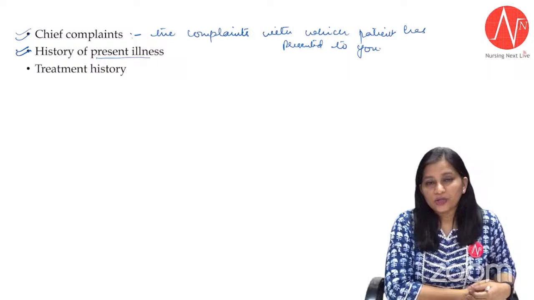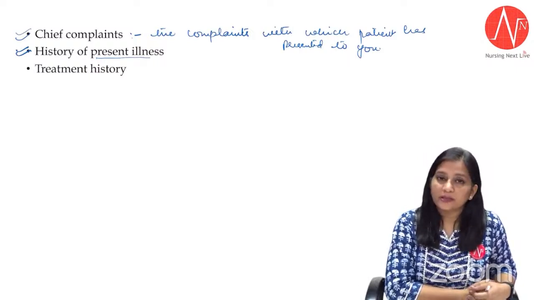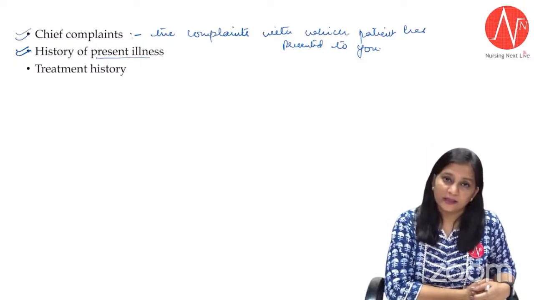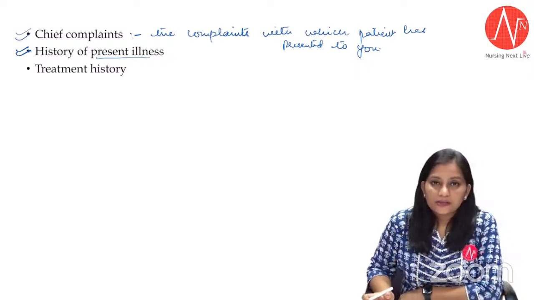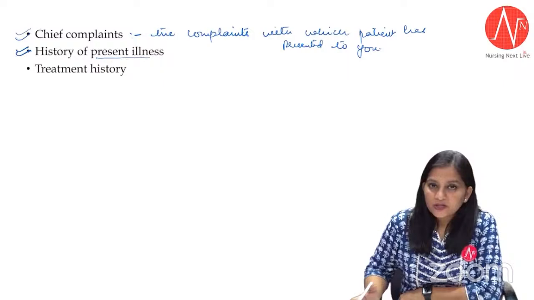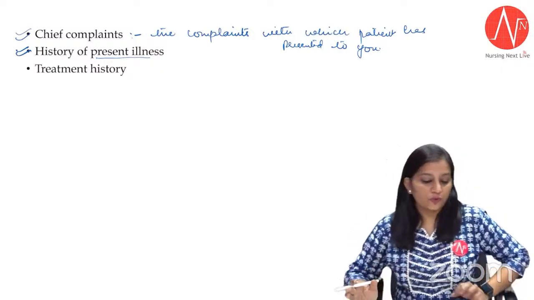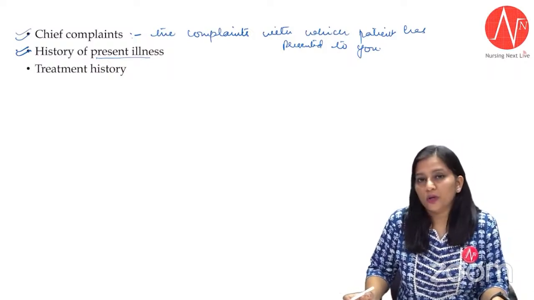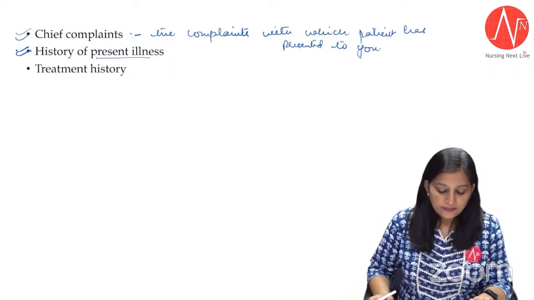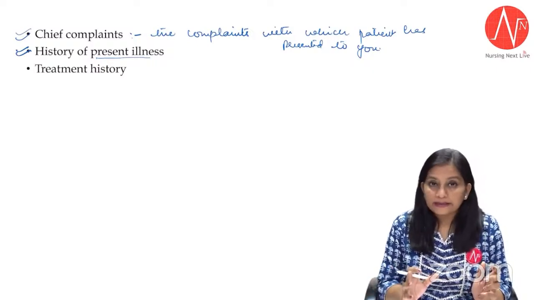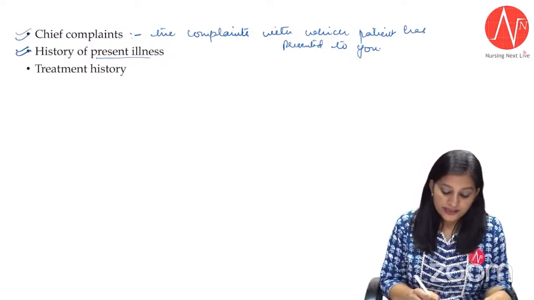So I again went to another doctor, some homeopathy doctor, and I did not get any relief. So I came here. This is how the patient can give data about his history of present illness. All this is data which you are collecting under history of present illness.